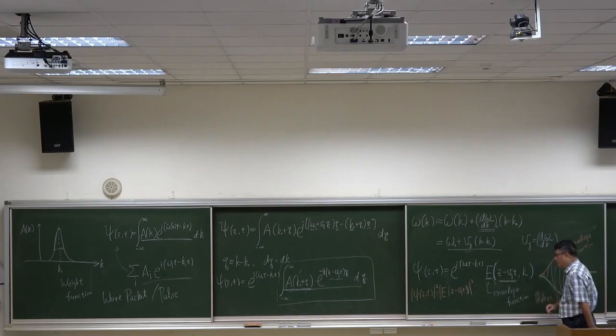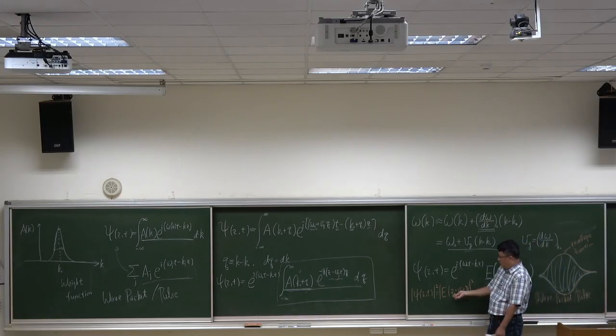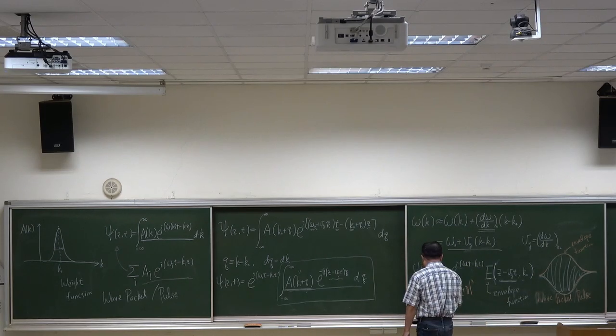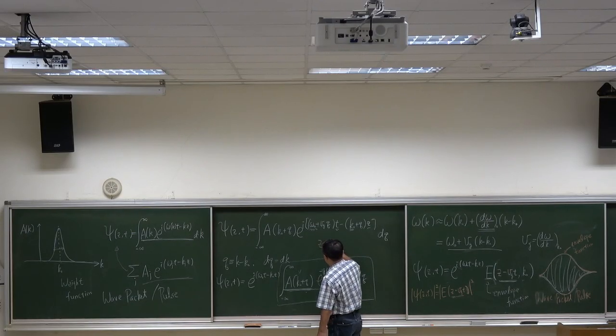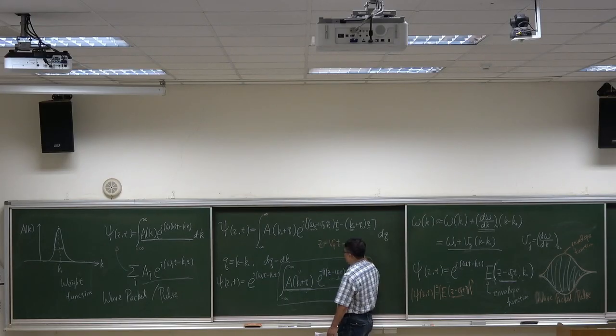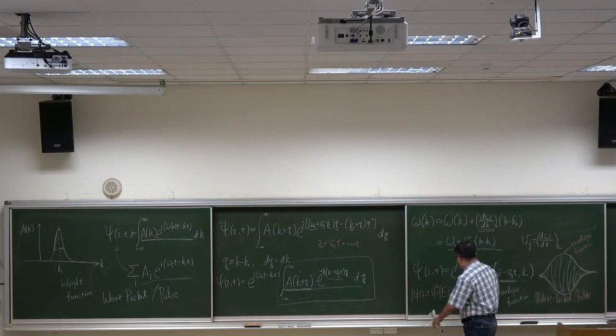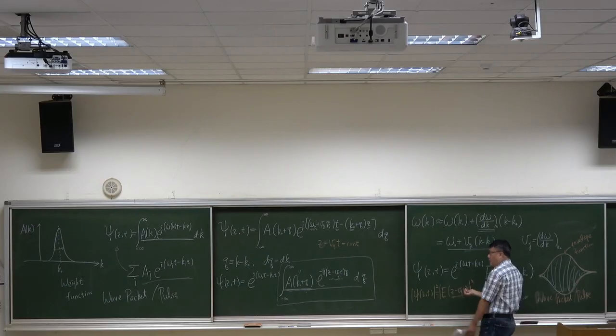So you see the z is combined with t in this form. So this means that if z minus vg t is constant, then it keeps the same shape, okay?